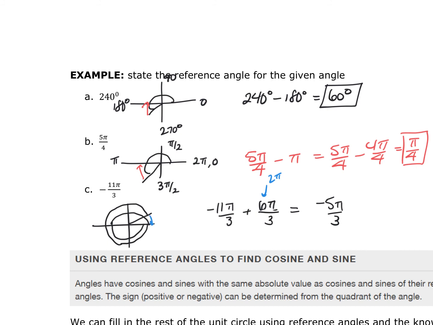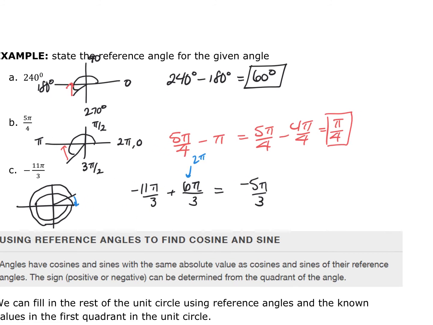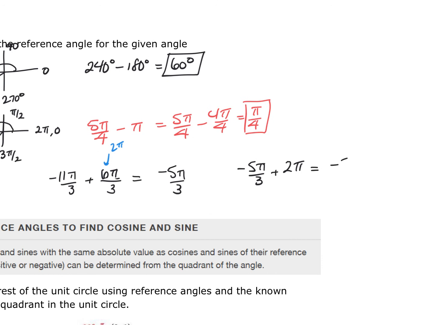If I take this negative 5 pi over 3 and add to it 2 pi, which is the same thing as negative 5 pi over 3 plus 6 pi over 3, I get a coterminal angle of pi over 3. That just happens to be the same thing as my reference angle, because remember, if I'm in quadrant 1 and my angle is less than pi over 2 but bigger than 0, my reference angle is my angle. So I found my reference angle.